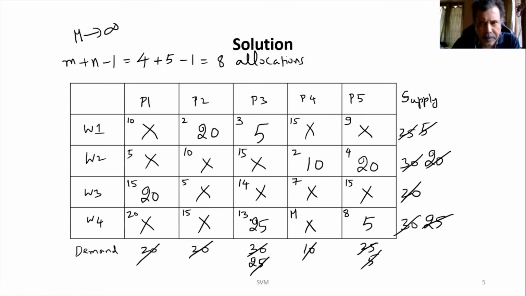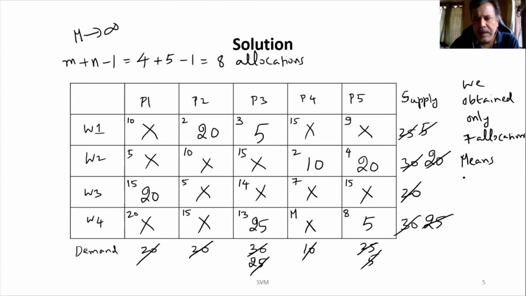So we will write here, we obtained only 7 allocations, which means degeneracy exists in this problem.